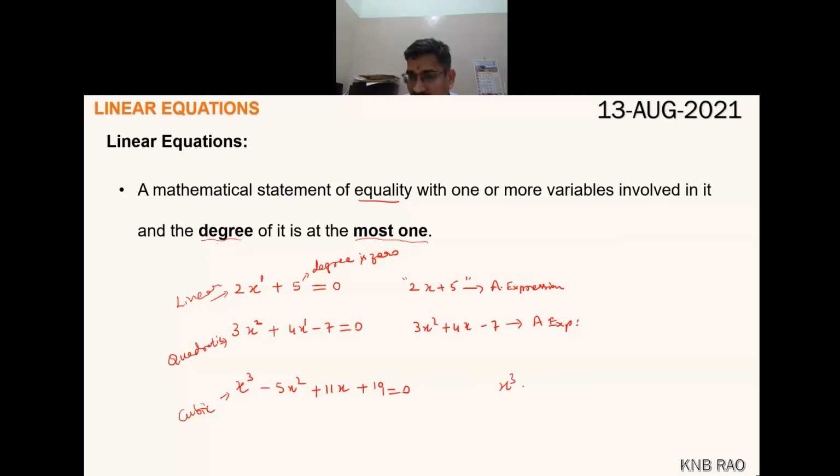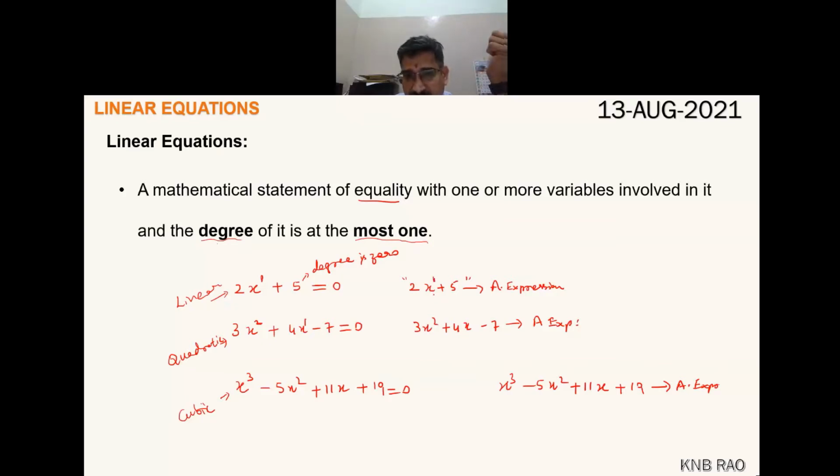You learnt the algebraic expressions chapter and various types of algebraic expressions. In that, algebraic expressions are classified based on the number of terms: monomial, binomial, trinomial, and so on, polynomial, and based on the degree of the expression.